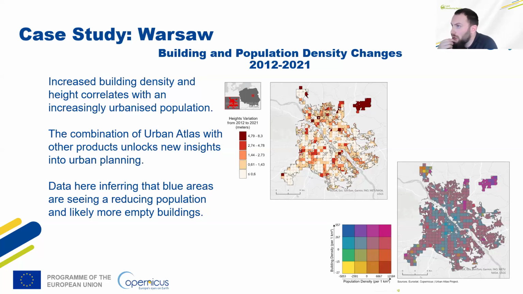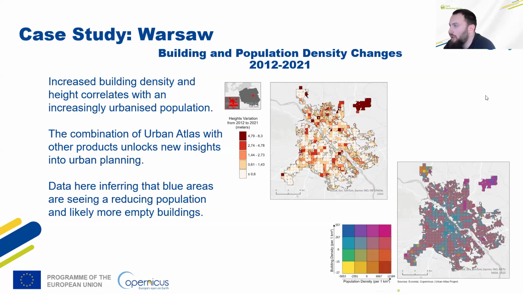So in this case study, you can see in the first picture changes in height variation from 2012 to 2021. And in the bottom image, you have on the left part the building density increase going from 0 to negative and from 0 to positive, and the population density also with the 0 in the middle.